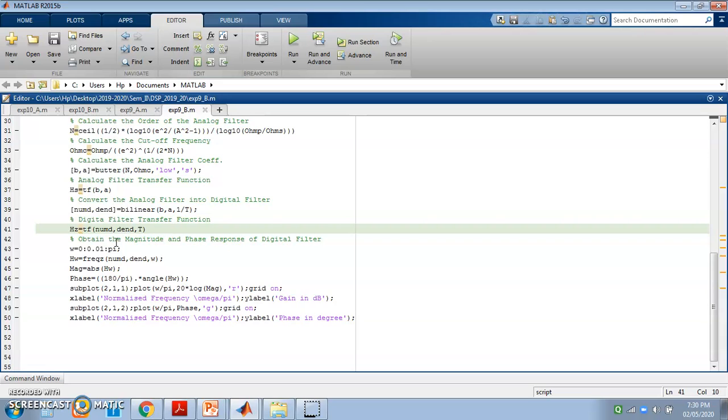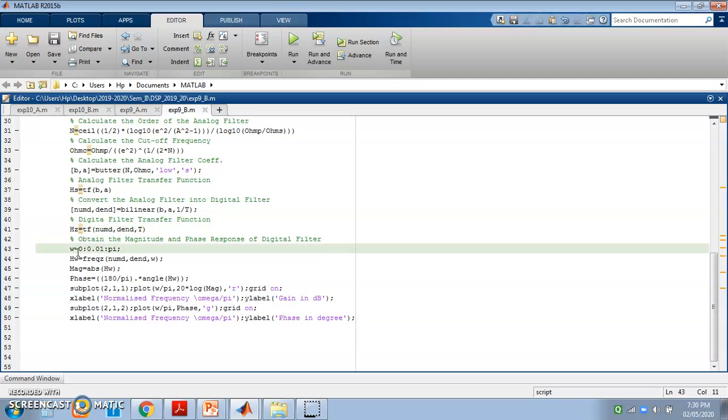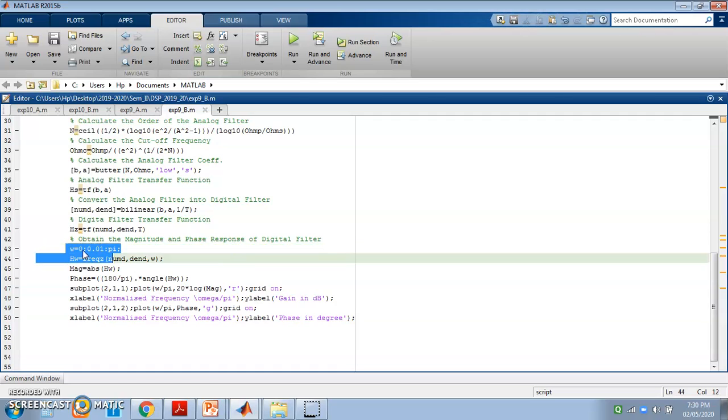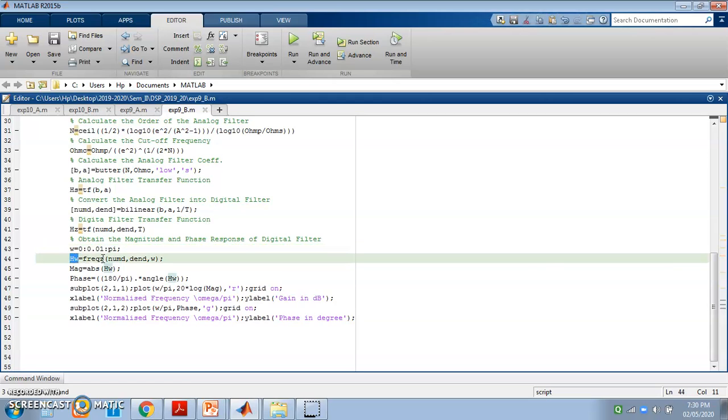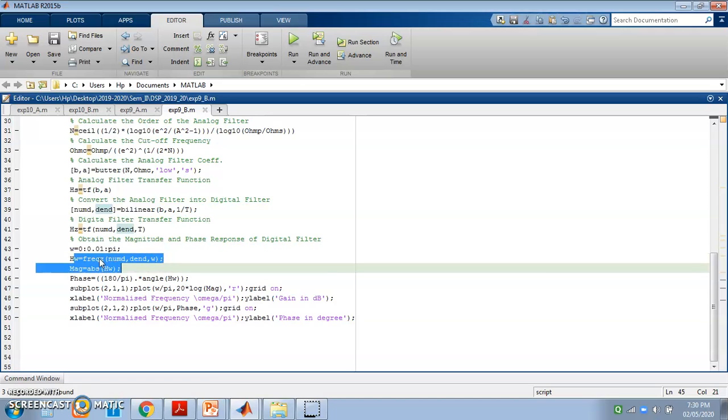And next part is one can obtain the frequency response of this digital filter, and for that purpose I have defined over here the frequency axis which will range from 0 to pi. Here I have used the standard command freqz, that is, h of omega is equal to freqz of numerator d comma denominator d comma omega. So this is nothing but the frequency response of the digital filter we are interested in.